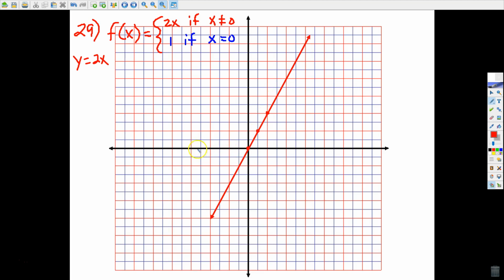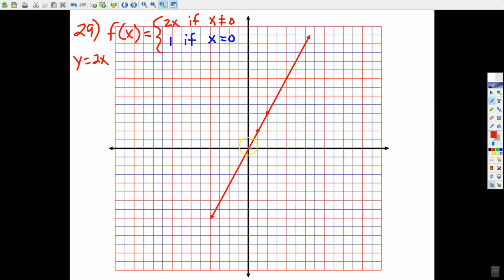Well, if you're looking along the x-axis, where x is 0, of course, is right here at the origin. So what we're going to have to do is draw this line, but we cannot include where x is 0 on this line. So unfortunately, with the way my tool works, I cannot erase, but if I could, I would come to where x is 0 and I would erase that part of the line.